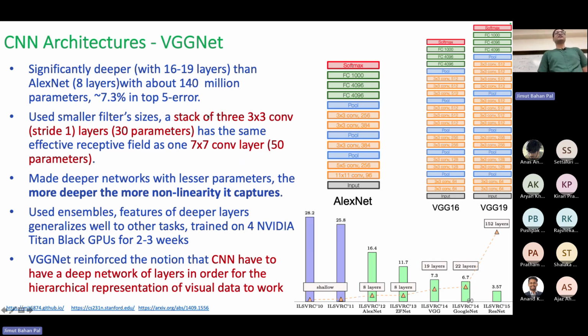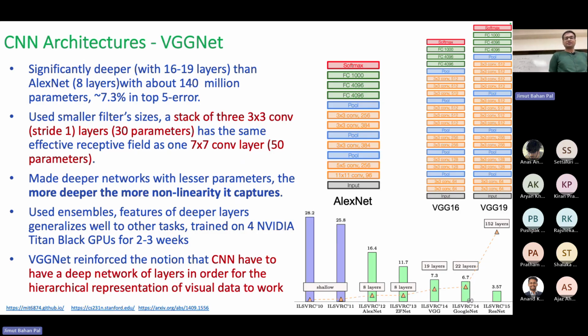This thing we have seen in the previous slides, the receptive field. They exploited the receptive field idea, stacking more smaller convolutional filters to get a good representation using a lower number of parameters. So they made deeper networks with fewer parameters. The deeper, the more nonlinearity it captures.